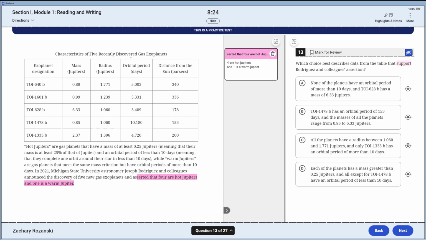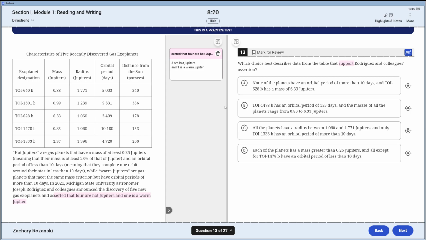Characteristics of 5 recently discovered. I do not see how we'd extract that information about how hot a Jupiter is, and I look at A, and I don't know what it means to be a hot Jupiter. So I'm going to look in the text. Oh, so hot equals mass more than 0.25 and orbital period equals less than 10.